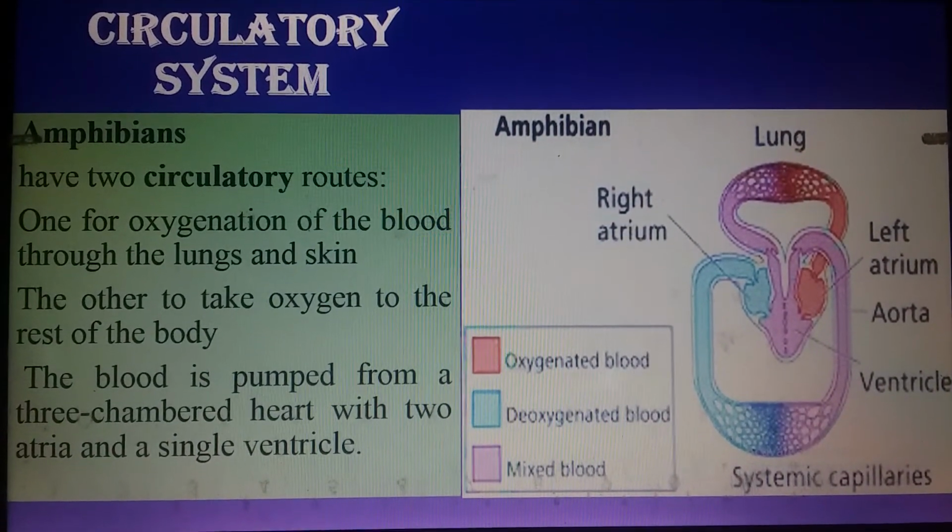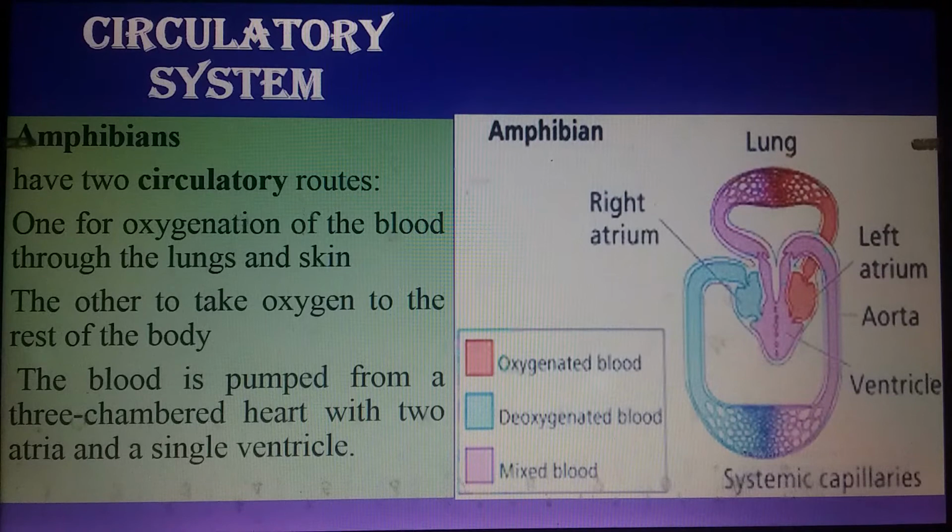And you people know that the blood from the ventricle moves through the pulmonary artery, the only artery that carries deoxygenated blood. When the blood moves to the lungs, and as we know that the respiration in case of the amphibians takes place through the skin too, so then it moves in the heart circulation. What will happen? The blood from the ventricle moves towards the lungs for oxygenation, and then from the lungs back to the left atrium, and then moves to all parts of the body.